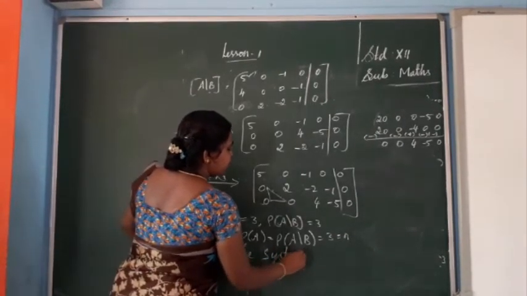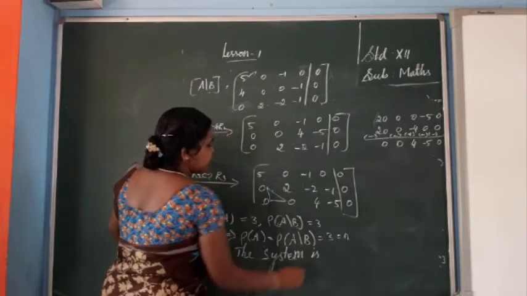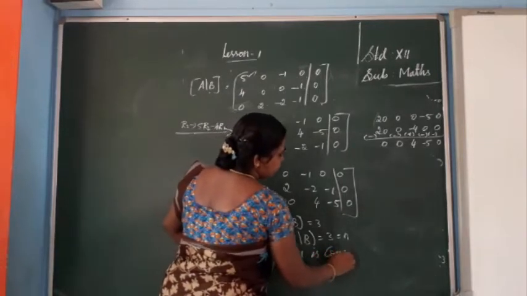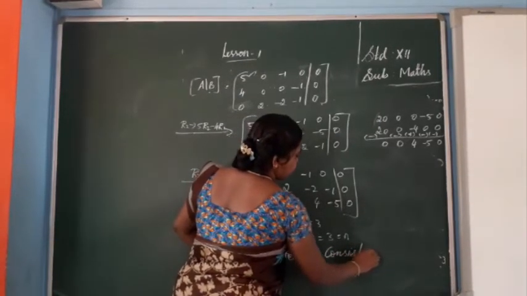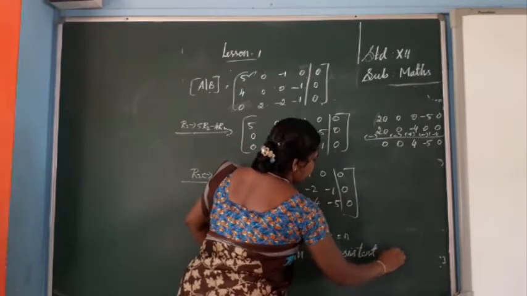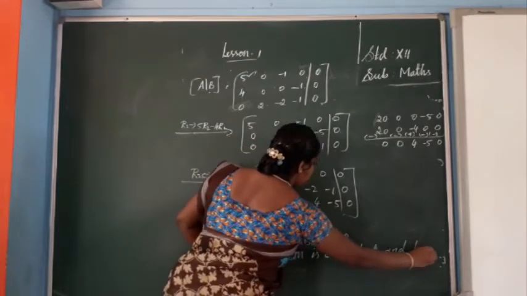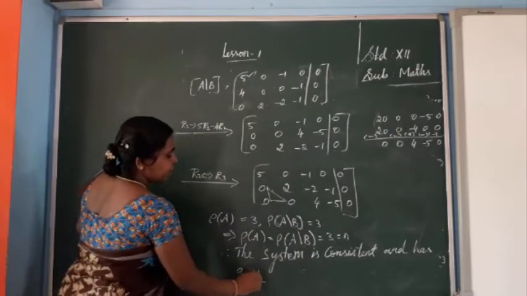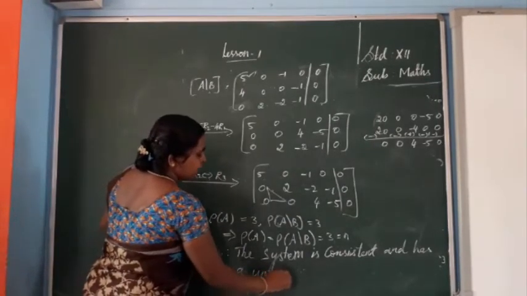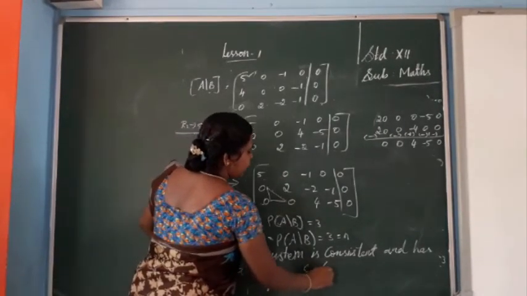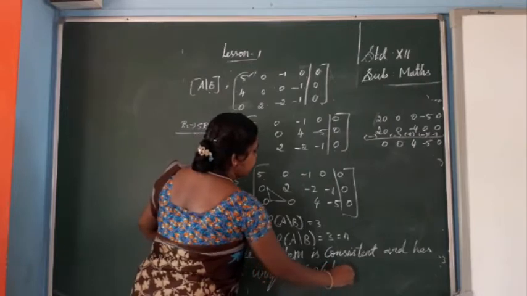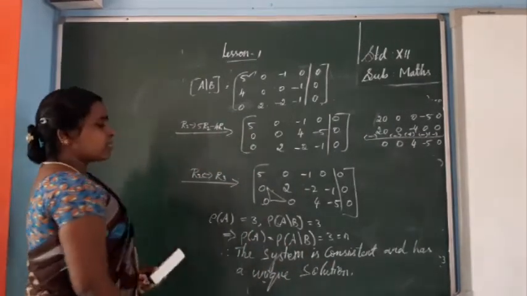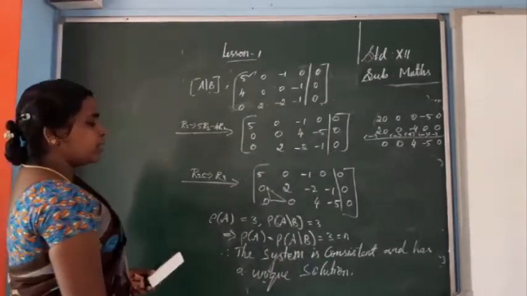Therefore, the system is consistent and has a unique solution. So actually, you want to verify whether it is consistent or not. Okay, so this is consistent. It has a unique solution.